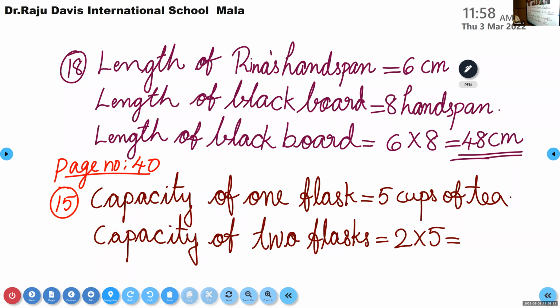So what is the answer? 2 fives are 10. So here we can write 10 cups of tea. Yes, 10 cups of tea.